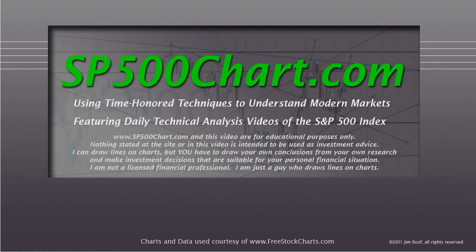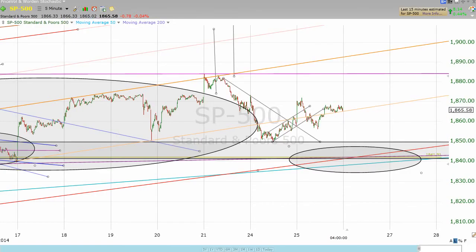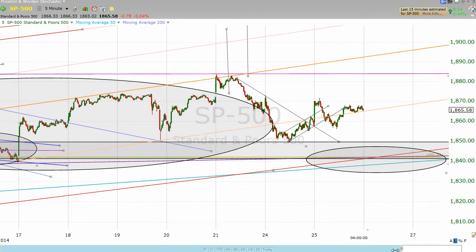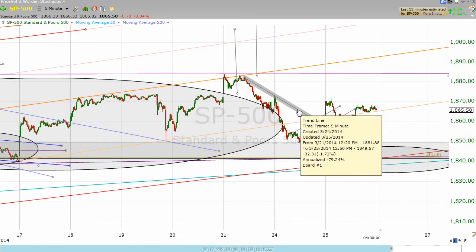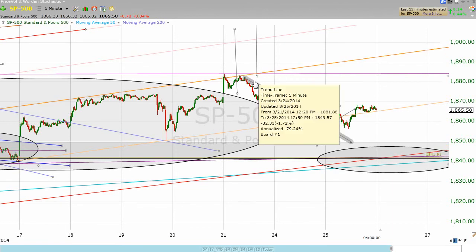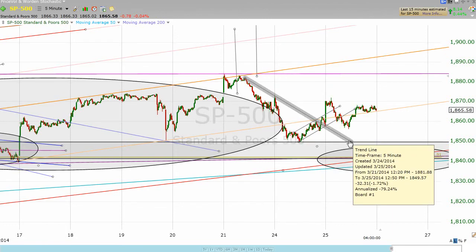But now let's do the important thing and look at the chart. Just a brief recap. Coming into today, we were looking at a couple of things. I wish I could turn off that little data box down there, but I don't know how to do it. It might not be able to be done, so bear with it.